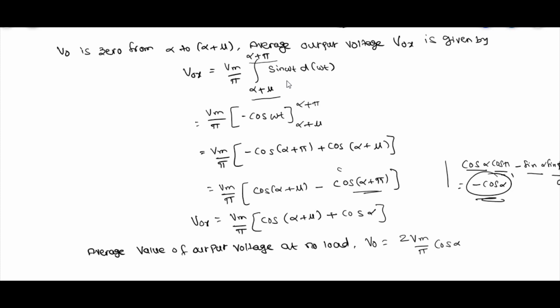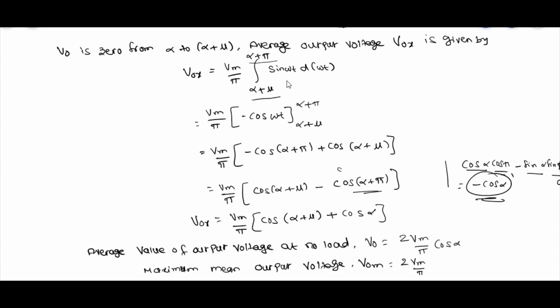Fine. So the maximum mean output voltage VOM will occur at what value? Alpha should be equal to 0. So the maximum value will occur at 2 Vm by pi.